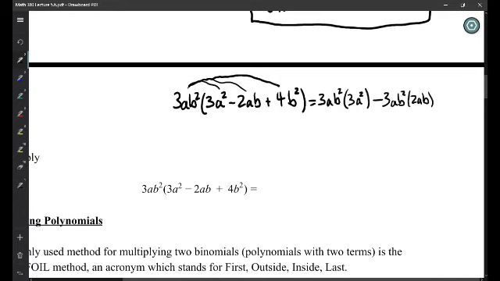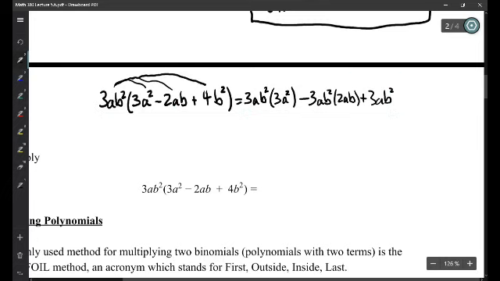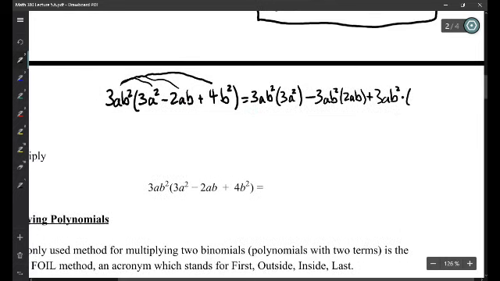And then plus 3ab squared. I need a little more room. Times 4b squared.